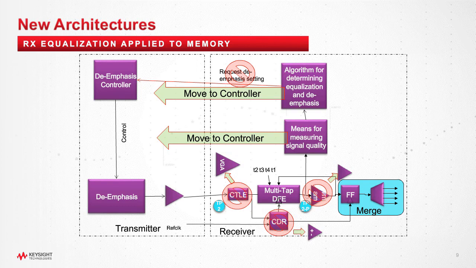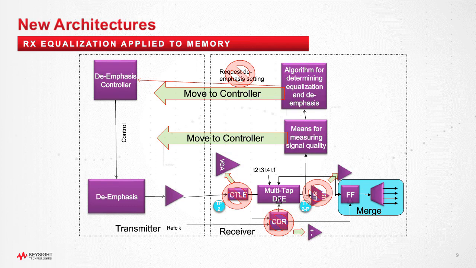In the DRAM realm, these functions for figuring out what the equalization and de-emphasis settings are, and actually measuring the error rate or the quality of the signal, are sometimes very complicated functions. They can be very IP sensitive, but they're not simple circuits. And in DRAM technology, putting more logic on the DRAM is usually a bad idea for a couple of reasons.